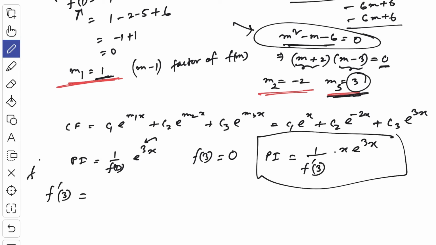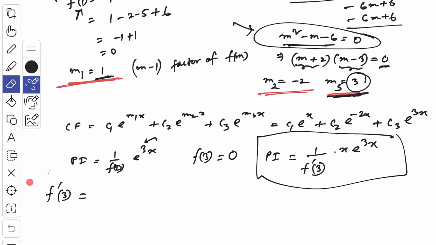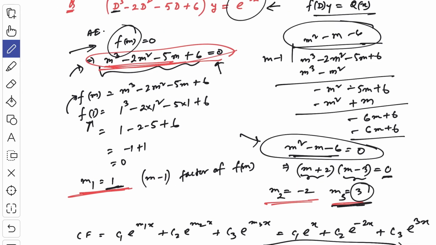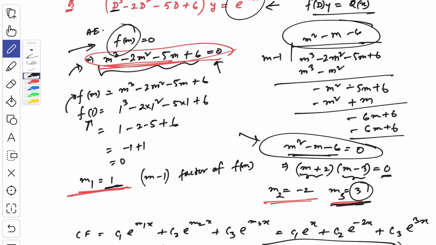So what will be f dash m? First let me show you what f dash m is here. If you differentiate f of m, then you will get f dash of m. Let us differentiate the left hand side of this auxiliary equation.